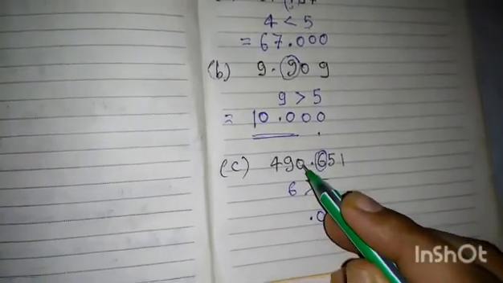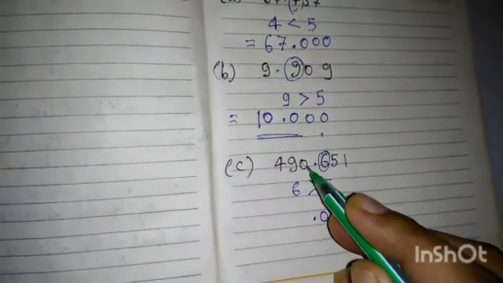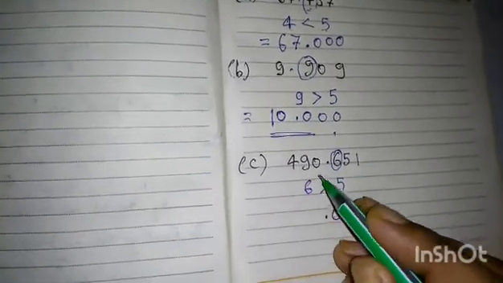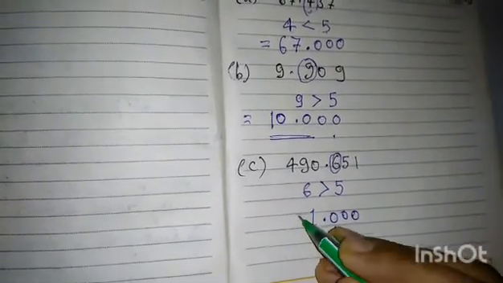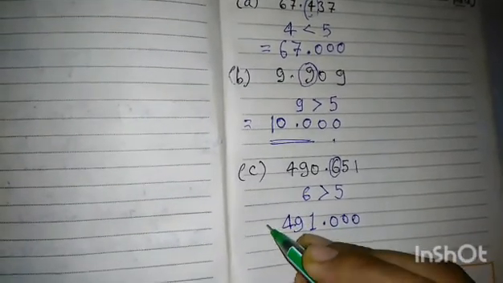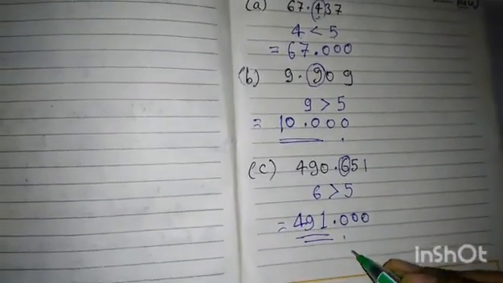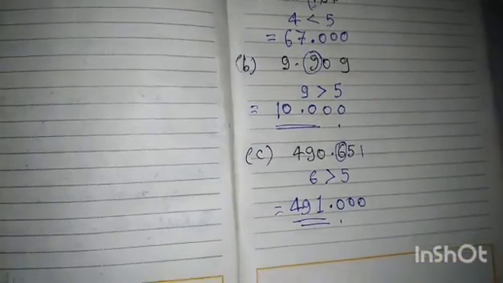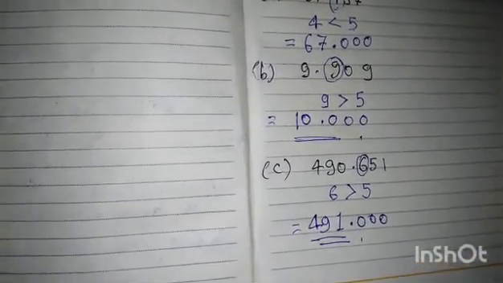Then the ones place is increased by 1, and 0 plus 1 you have 1, so 9, and the answer is 491. Okay, now do all of them as it is.